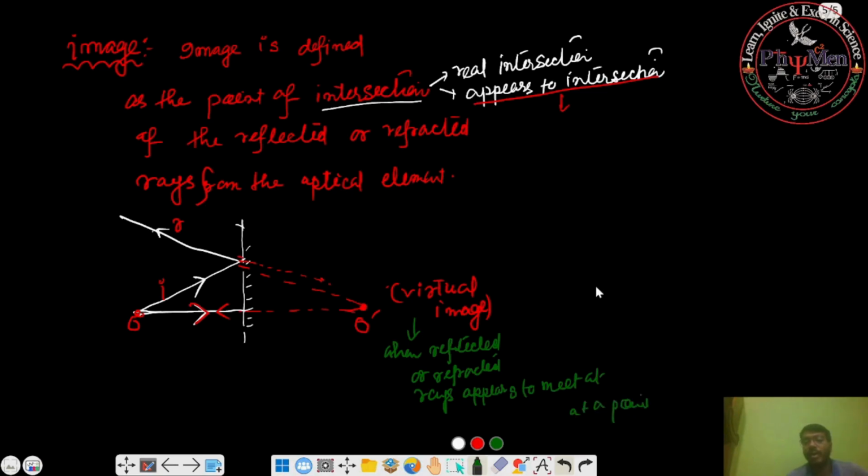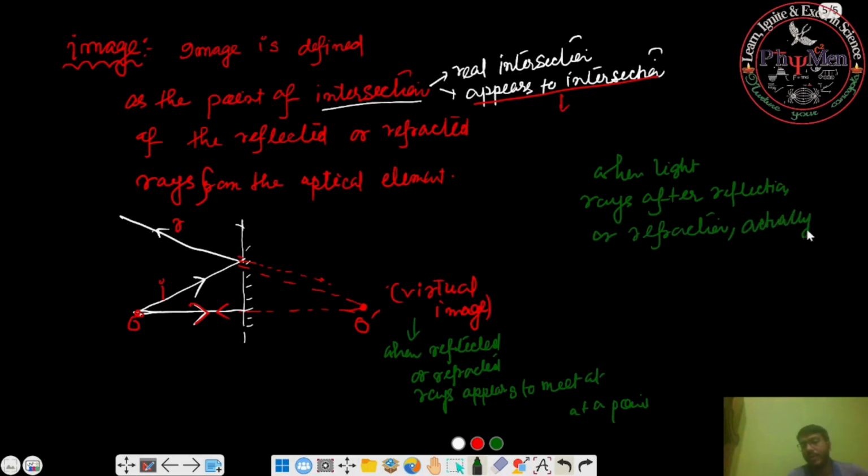Okay, or when light rays after reflection or refraction actually meet, actually intersect, then it is called real image.